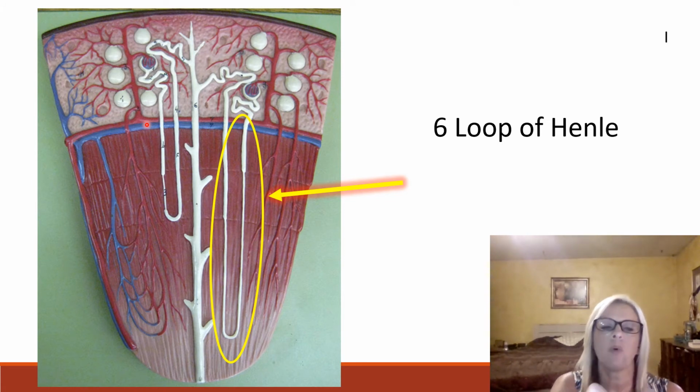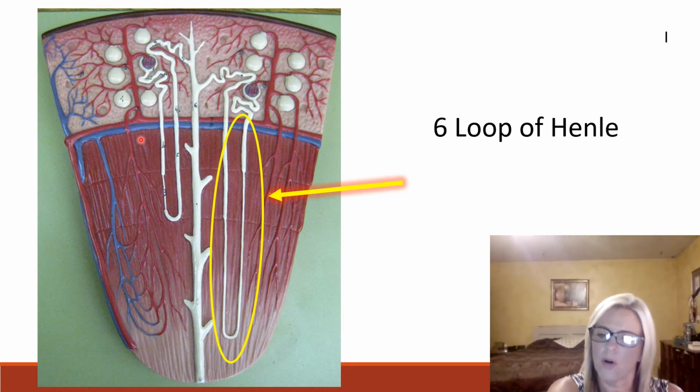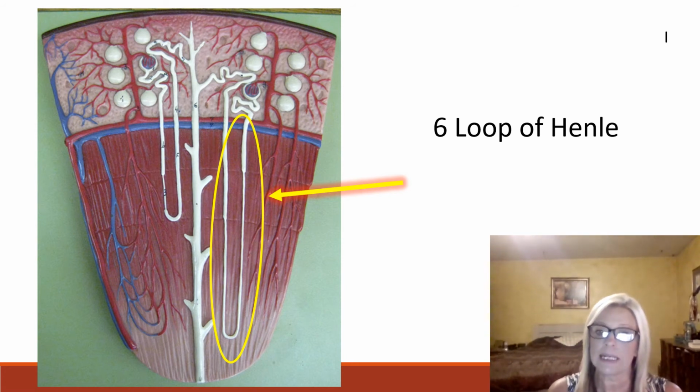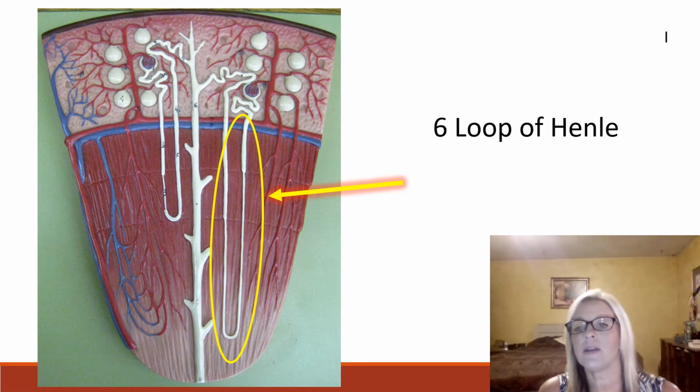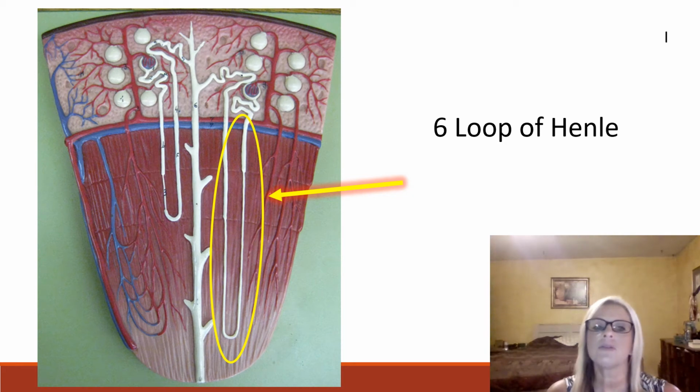Also, I'm going to point out, this is the vasa recta over here, and it really goes around this loop of Henle. And I think at the very end of the lecture, I have a slide that is a much better representation of what that should look like. Models have limits. They do the best they can in order to show us things with our little 3D structures here.